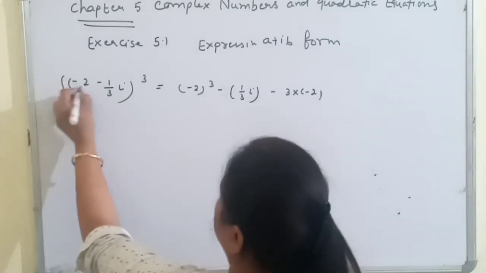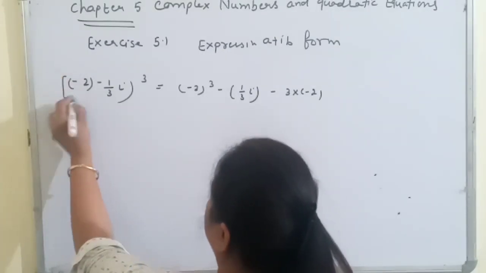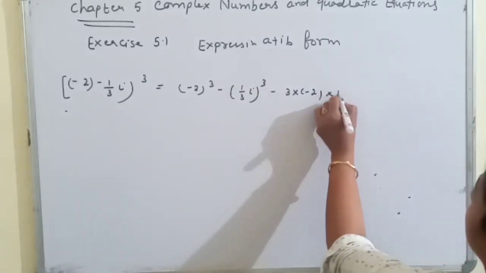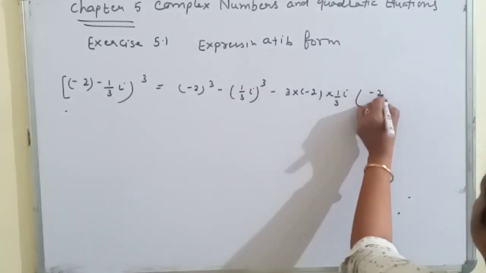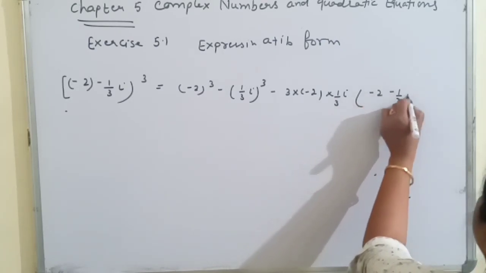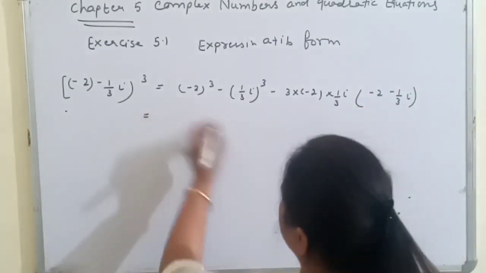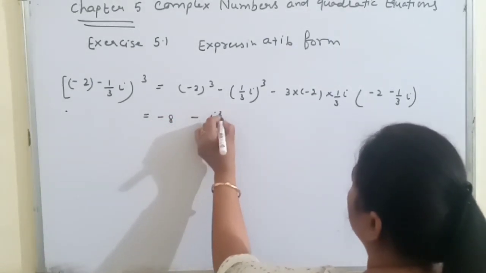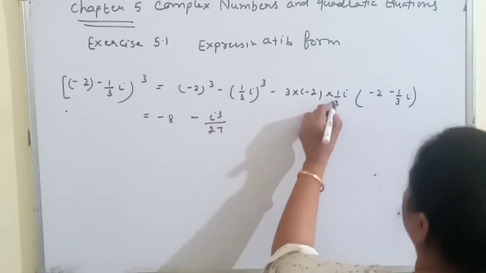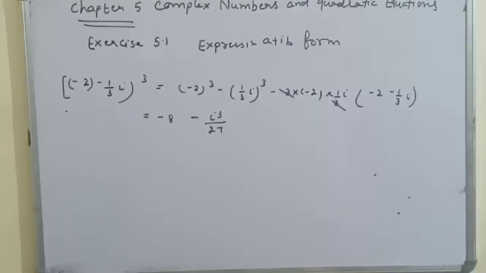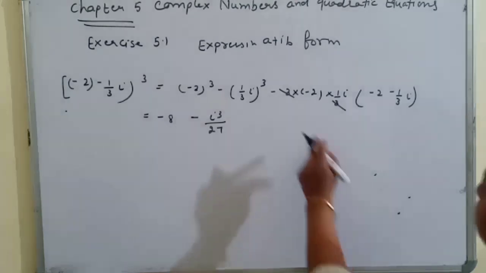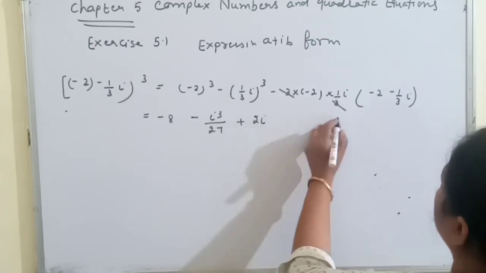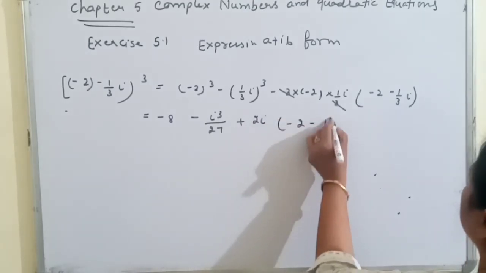Let's solve it like this: a cube minus b cube minus 3ab into (a minus b). Minus 2 to the power 3 becomes minus 8, minus iota cube upon 27. The 3 in the denominator can cancel the 3 in the numerator, so minus, plus 2 iota, into minus 2 minus iota by 3.